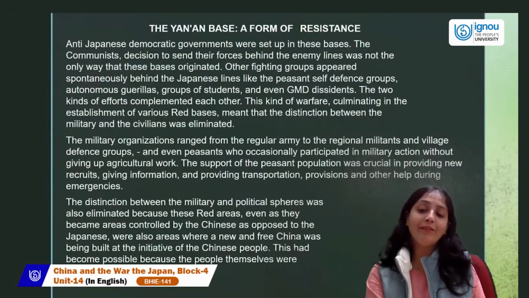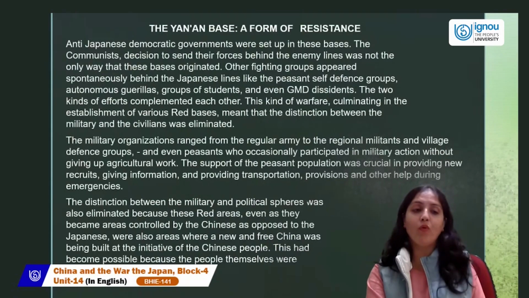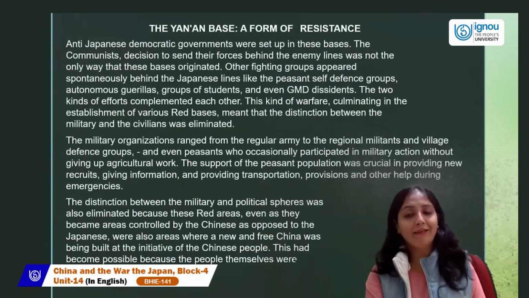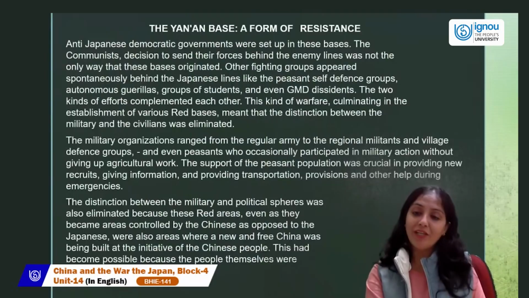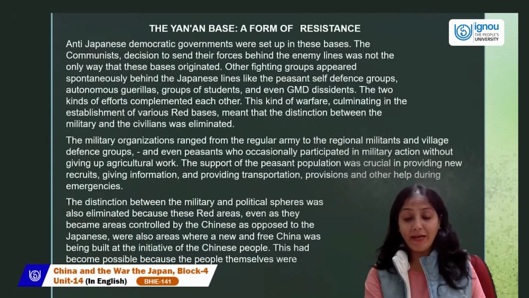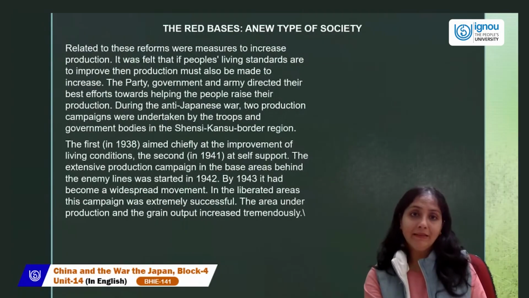The support of the peasant population was crucial in providing new recruits, giving information, and providing transportation, provisions, and other help during emergencies. That was the reason.